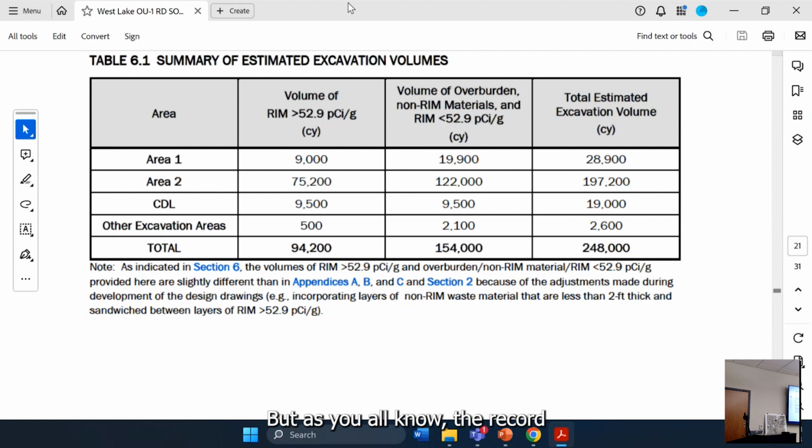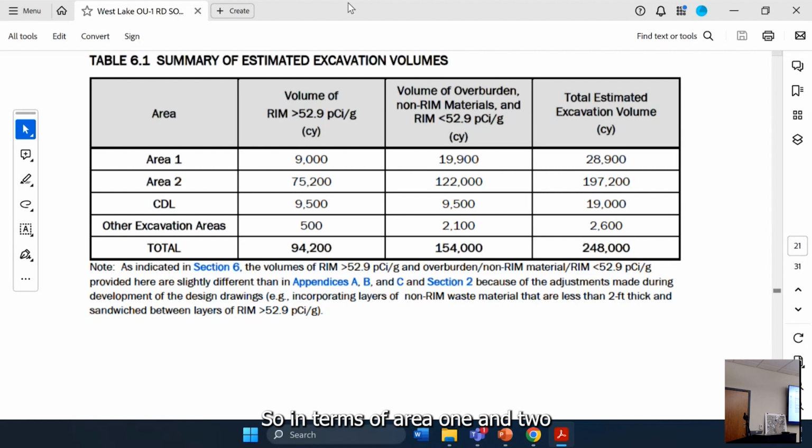But as you all know, the record of decision allows for that optimization where they go deeper for high concentration stuff. And between 8 and 12 feet, if they have low concentrations that require a lot of excavating non-RIM material to get, they can propose to leave that behind. These are the numbers after they did that optimization process in the draft RDP.